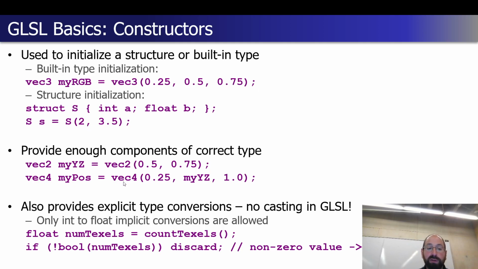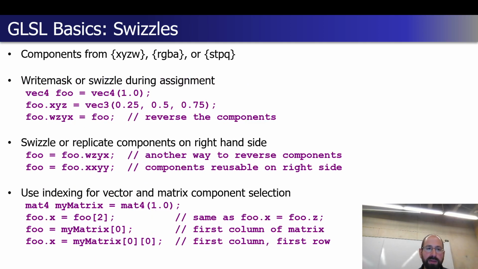It's not necessarily a trivial thing to provide, right? So here we initialize a vec2, we call it my YZ, and then we want to initialize a vec4 called my position. We specify it as a vec4, we specify a scalar, this vec2, and then another scalar, and it just kind of works. It gives you exactly, I think, what you would hope that it would be able to do for that.